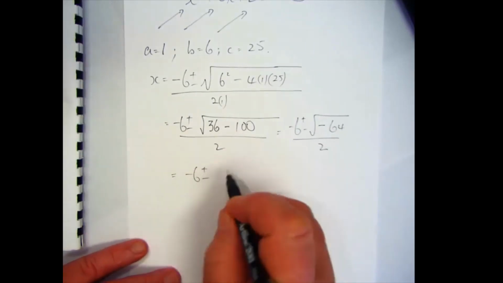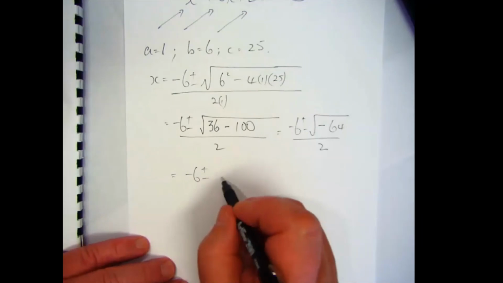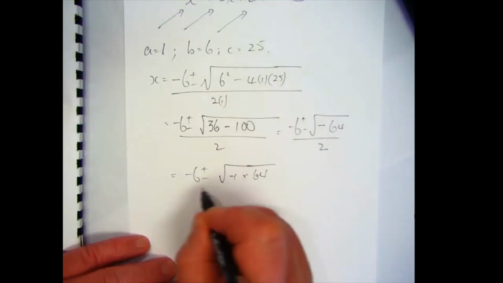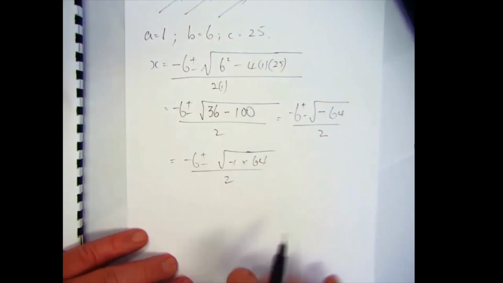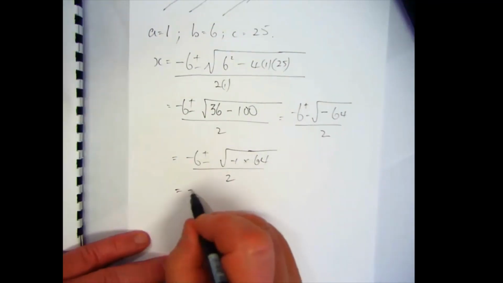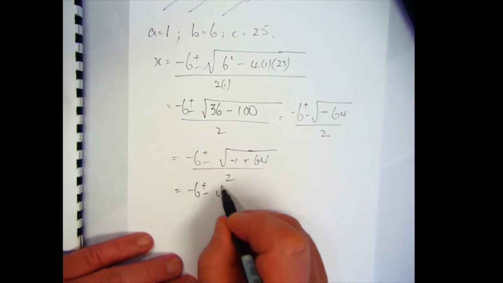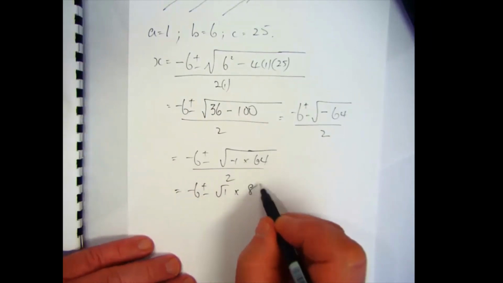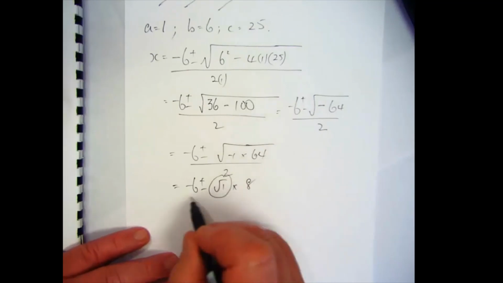Minus 6 plus or minus. Now this can be broken down into the square root of minus 1 times 64 over 2. Further simplified, minus 6 plus or minus the square root of minus 1 multiplied by the square root of 64, which is 8. What do we do with this little fellow?